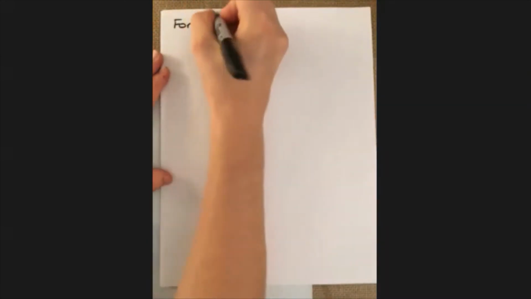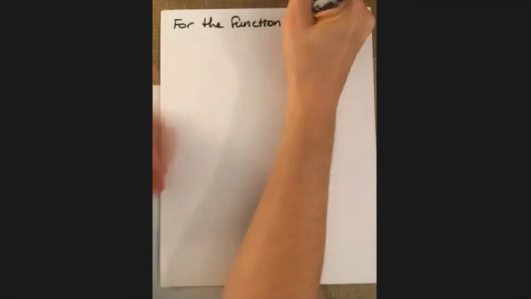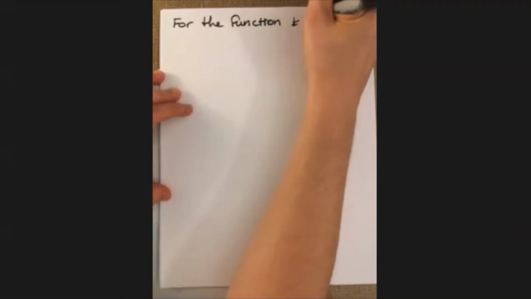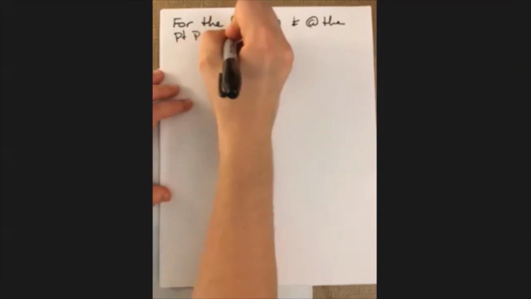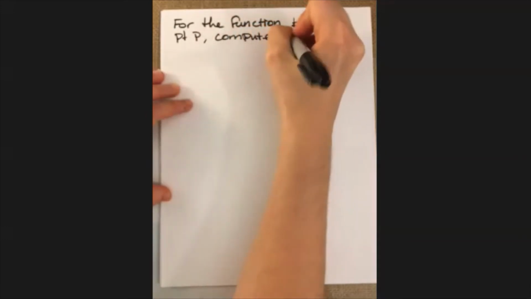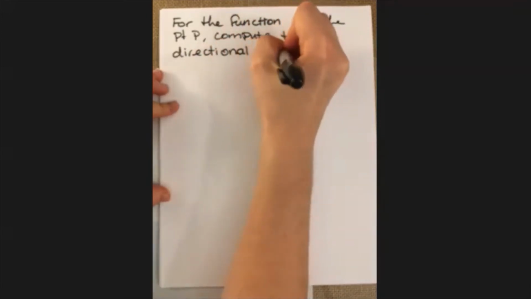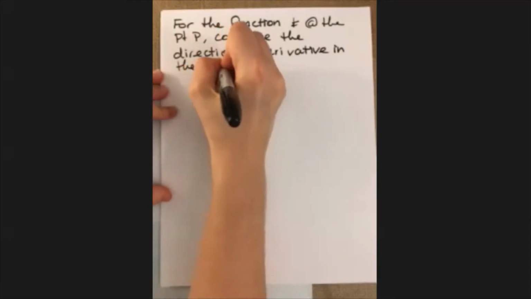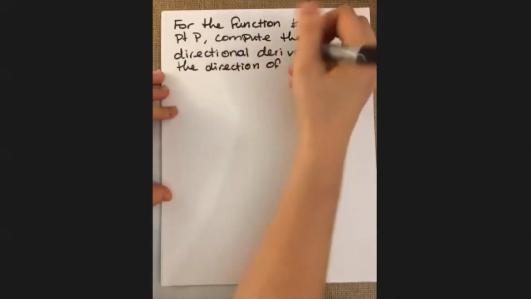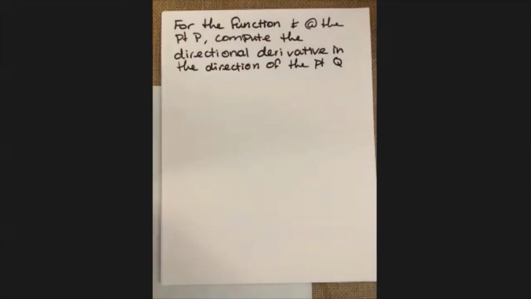So in these next two examples, for the function given and at the point given, we are going to compute the directional derivative in the direction of another point that's been given to us, q.